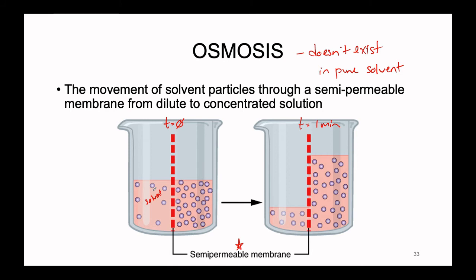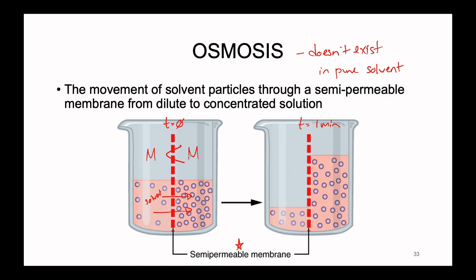In order to make the two solutions equal in concentration, the solvent is going to move from the more dilute to the more concentrated. So at t equal to 0, we can see that the concentration on the right is greater than the concentration on the left.